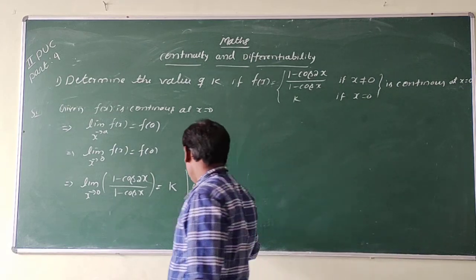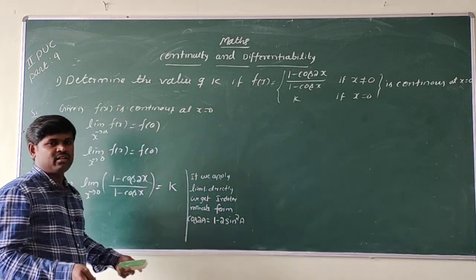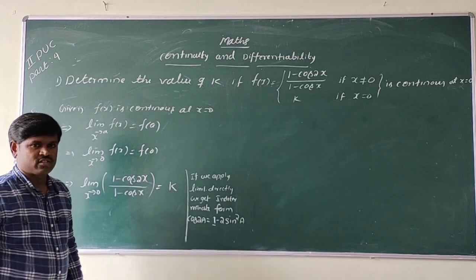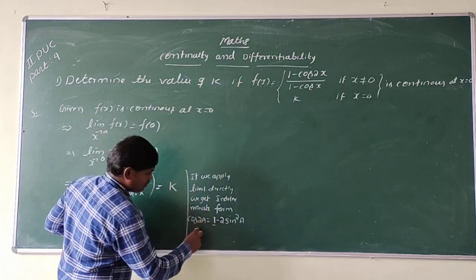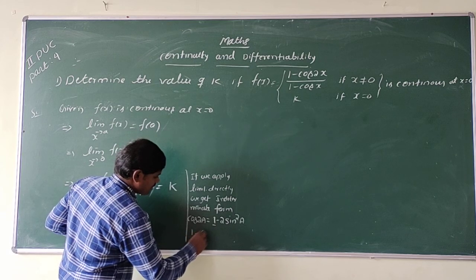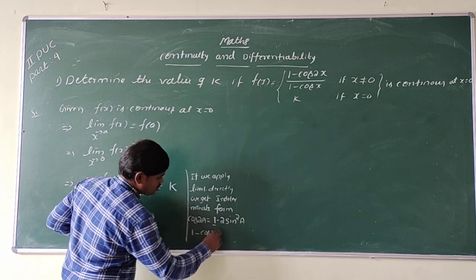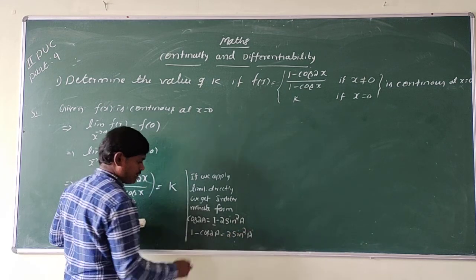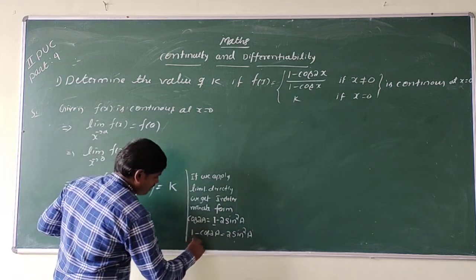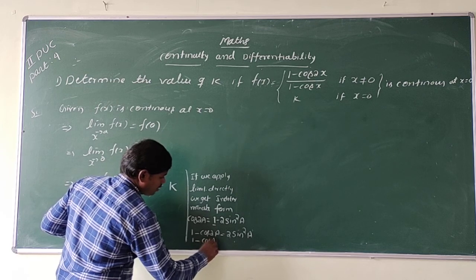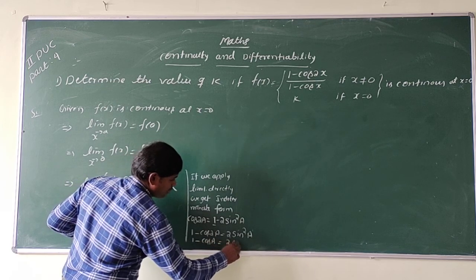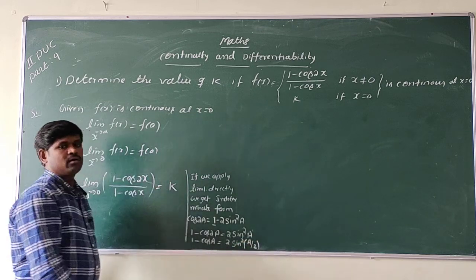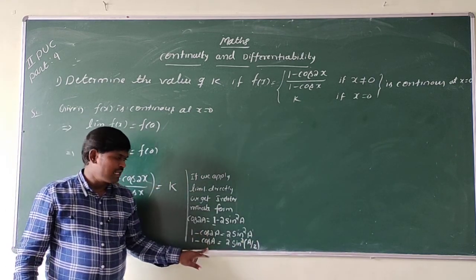So 1 minus cos 2x is equal to 2 sin square x. Is it clear? Similarly, 1 minus cos x is 2 sin square x by 2, a submultiple angle formula.